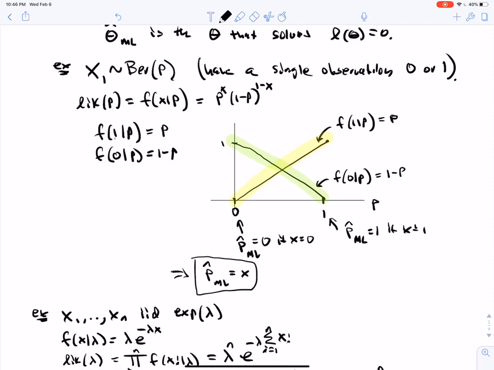I've drawn these likelihood functions here, and you can find the ML estimators for each likelihood function. It's 0 when x is 0, and it's 1 when x is 1. So the maximum likelihood estimator is whatever x is. So it's just x.